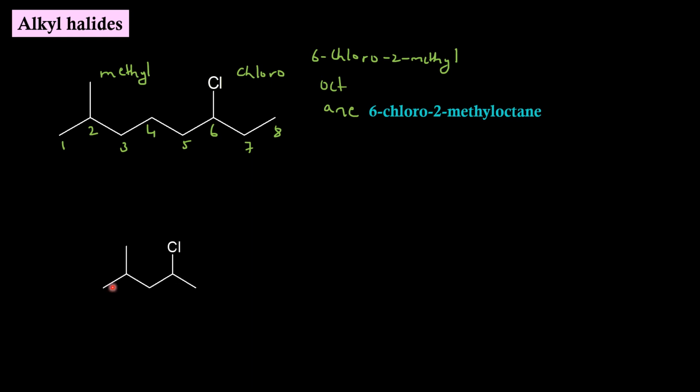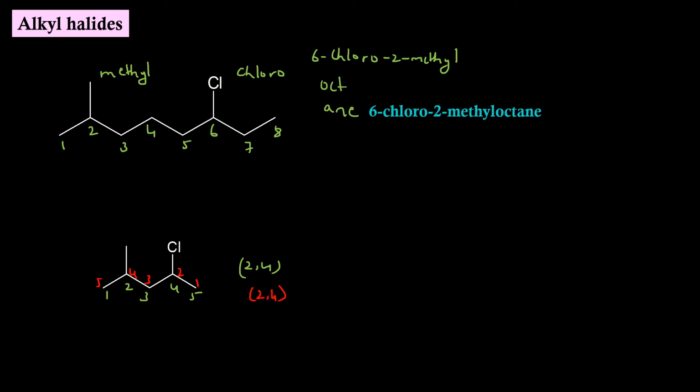With this molecule, this will be our parent chain. If I start numbering 1, 2, 3, 4, 5, my locant set will be 2 and 4. If I start numbering from the other direction, then again we will get locants as 2 and 4.